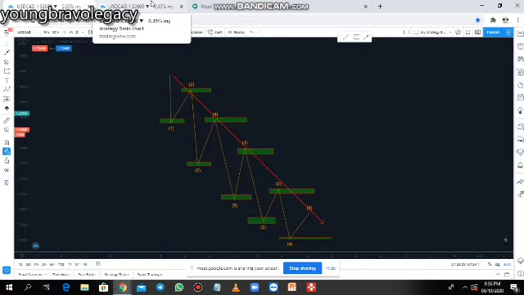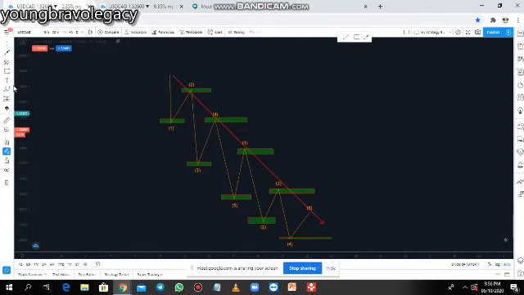But a lower high means it is low but not lower than the previous low. A lower high is low but not lower than the previous low, while a lower low is low and lower than the previous low.